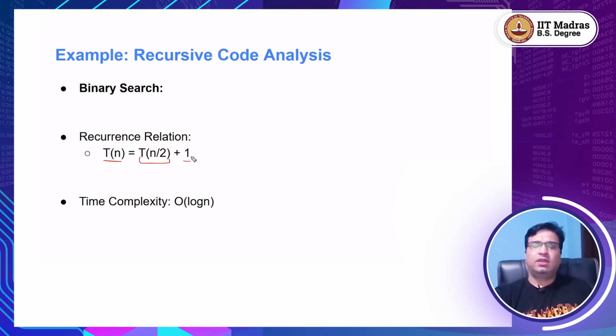After that, we figure out which part of the input list our element may exist in. Based on that, we decide which part we need to search again. So that comparison takes constant time, and after that, we call the same binary search function on the remaining half of the array.